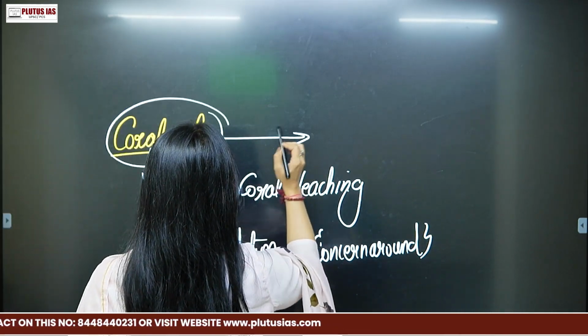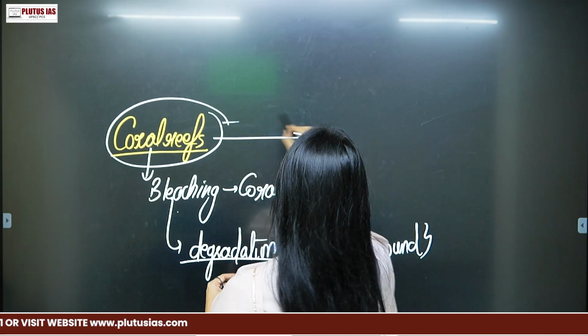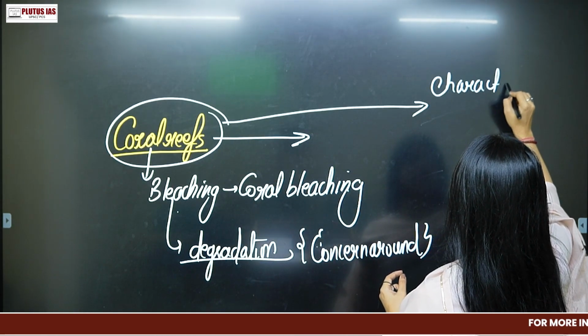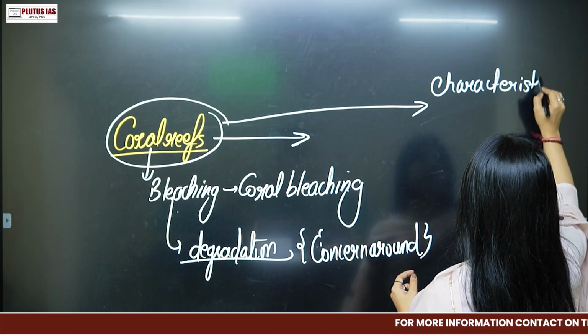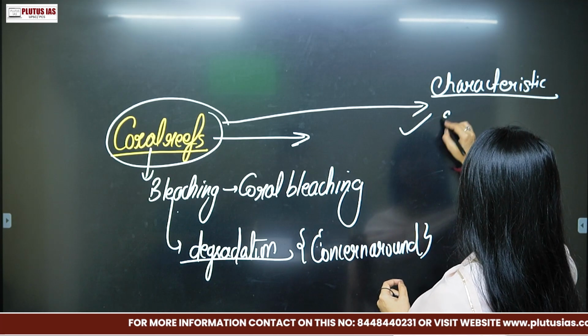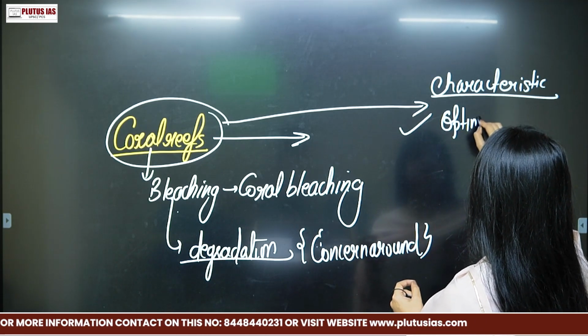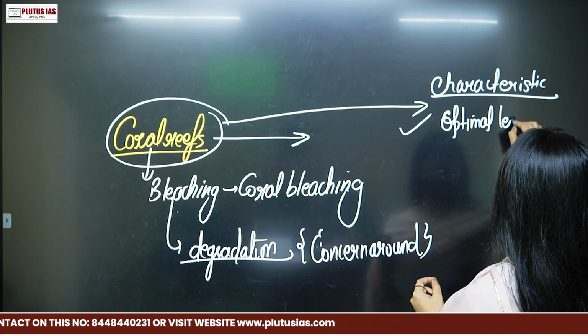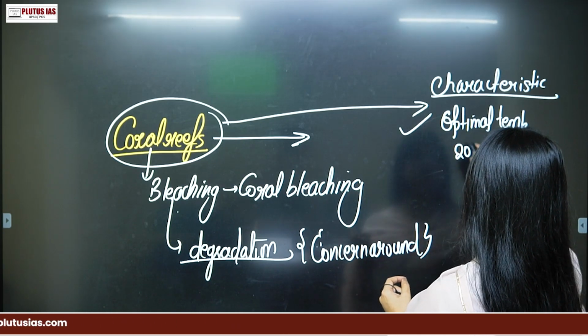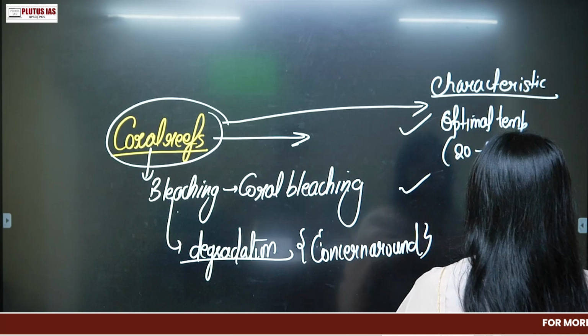Also, where the coral reefs are found, how are they able to thrive? The first characteristic is they thrive in optimal temperature, which is 20 to 22 degrees Celsius, neither too warm nor too cold.